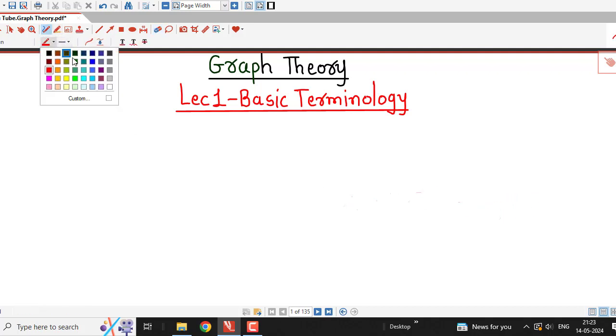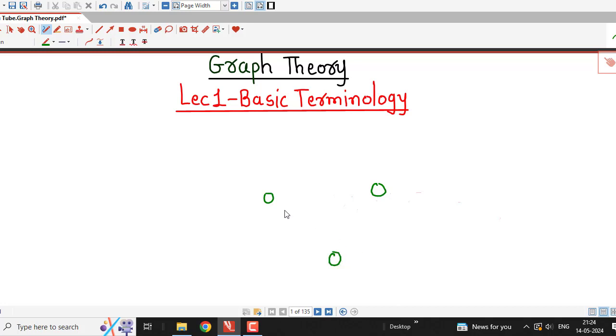Here the concept of graph is one type of diagram. For example, suppose I consider these three circles and I am joining these two circles by a line. Then this diagram is an example of a graph.